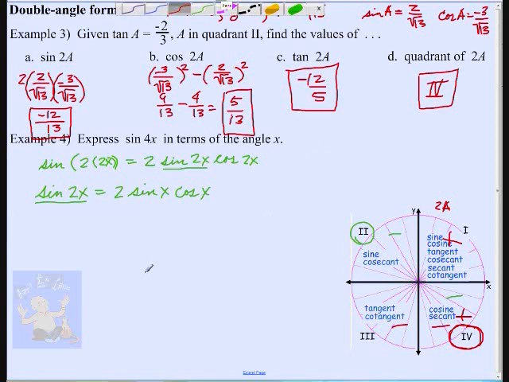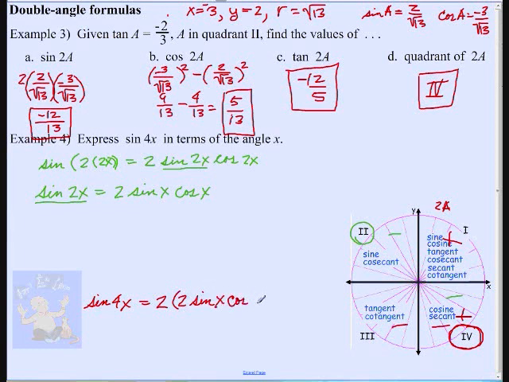I could say, we'll put it down here, the sine of 4x equals 2 times the sine of 2x, which is 2 sine of x cosine of x.